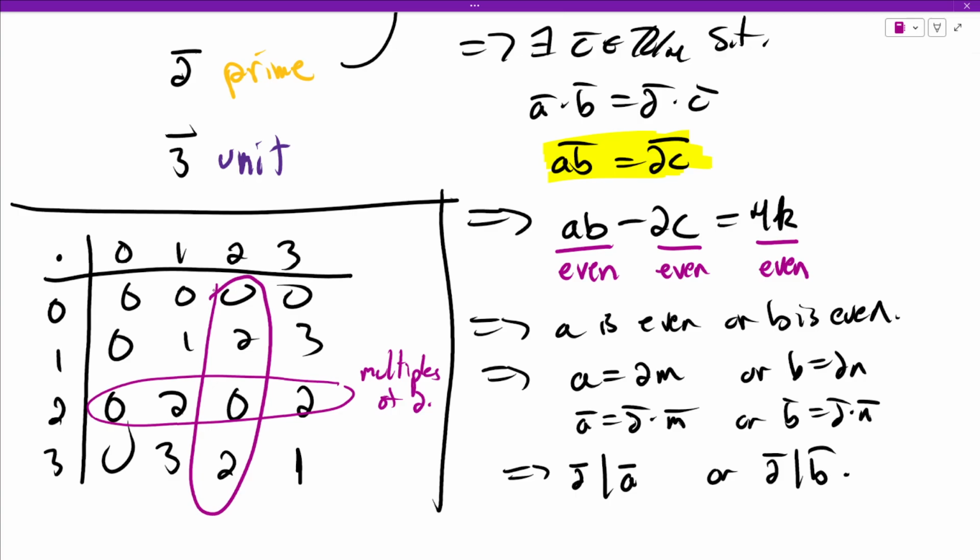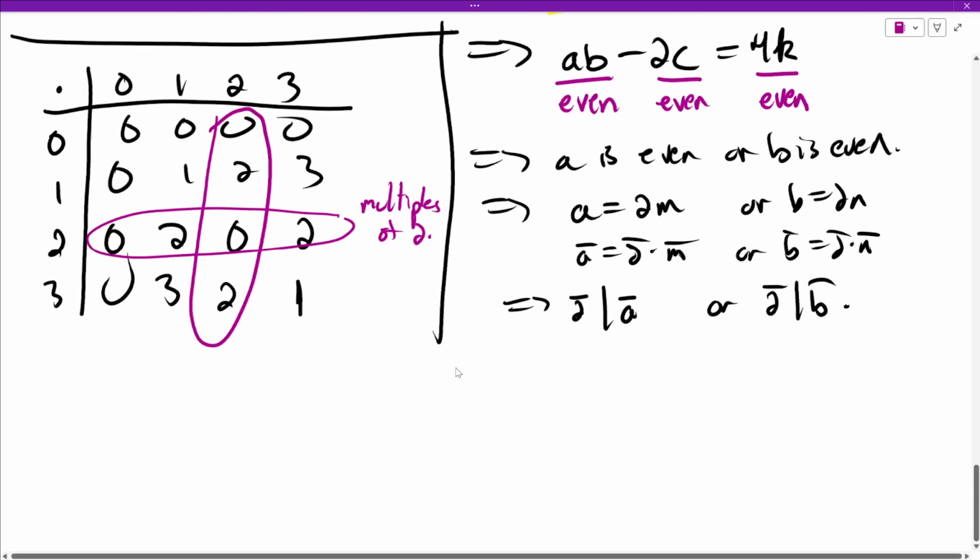In particular, whenever you're a multiple of 2, you have to be just exactly 2 times something. You're never going to get 1 times something else unless it's 2. 1 times 1 is 1, and 1 times 3 is 3, and so on.